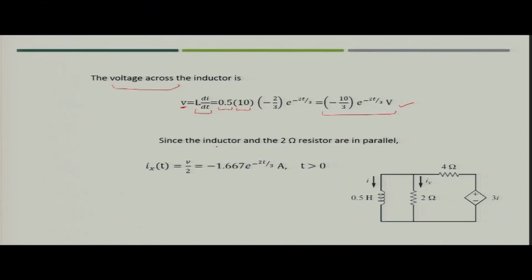Now, since the inductor and the 2 ohm resistor are in parallel, whatever voltage comes across the inductor will be the same voltage across the 2 ohm resistor. So, we can calculate the current Ix flowing through the 2 ohm resistor as V by 2. So, we finally get Ix as minus 1.667 e to the power minus 2t by 3 ampere.